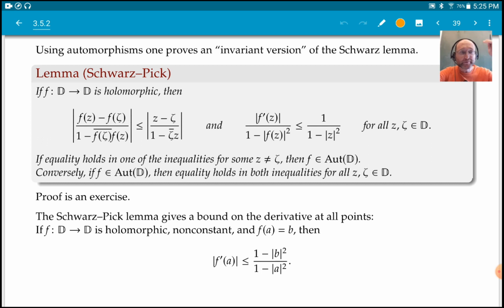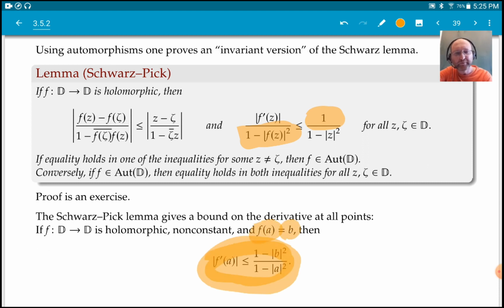As you approach the boundary, it can go to infinity, but we can actually find the right sort of bound there by using automorphism or by using this lemma. Basically I just moved this over to here and multiplied both sides to get an estimate. So if we know that f of a is b, then it has this pleasing formula over here.